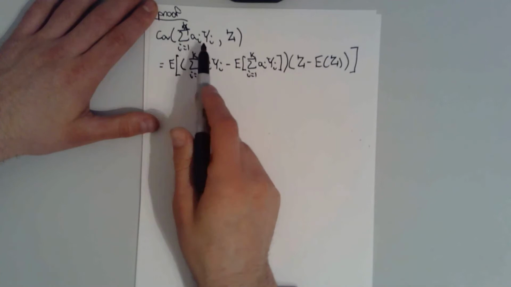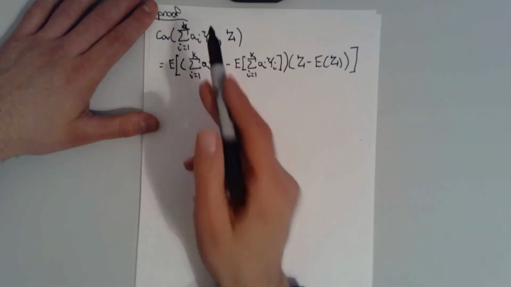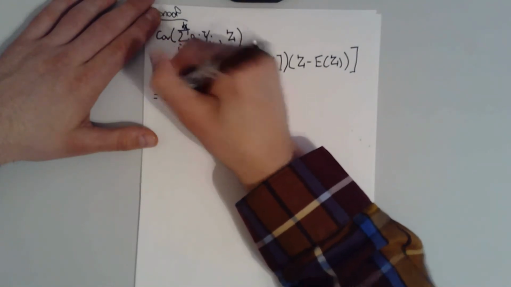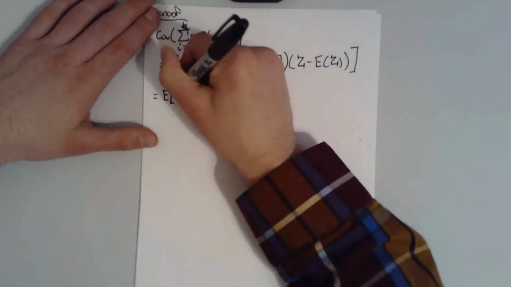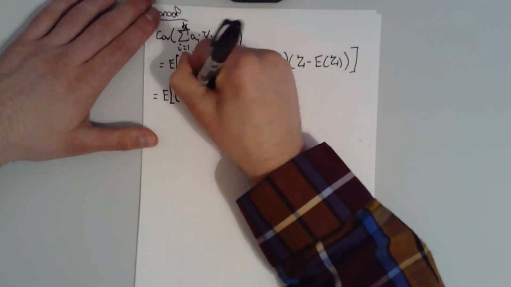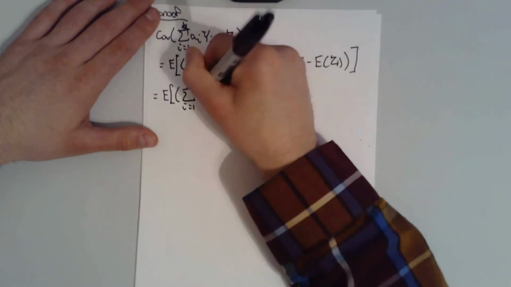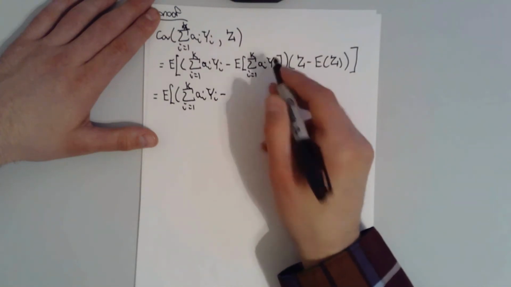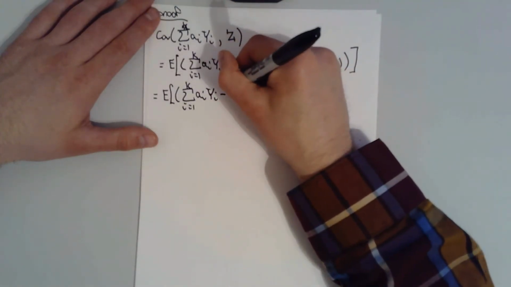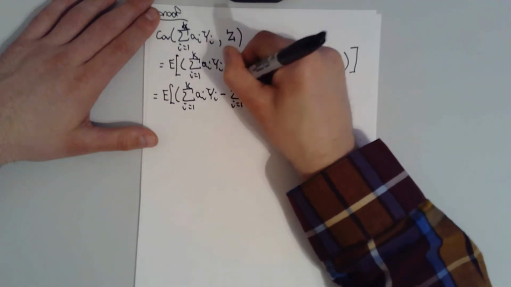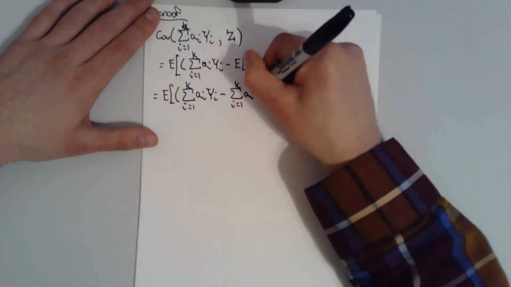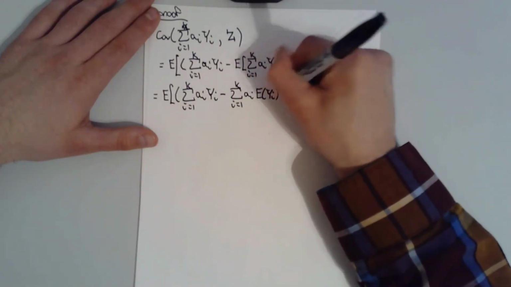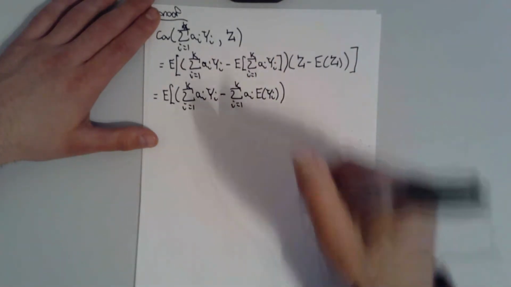So even though this is a sum of random variables, it is a random variable itself. By the linearity of the expectation operator, the expectation can be distributed over the sum, giving us the following. Just like so.